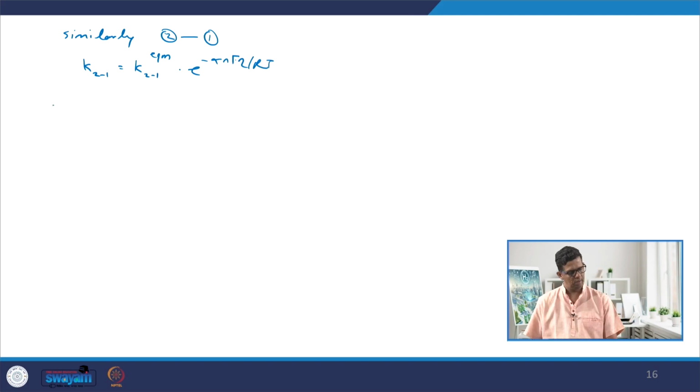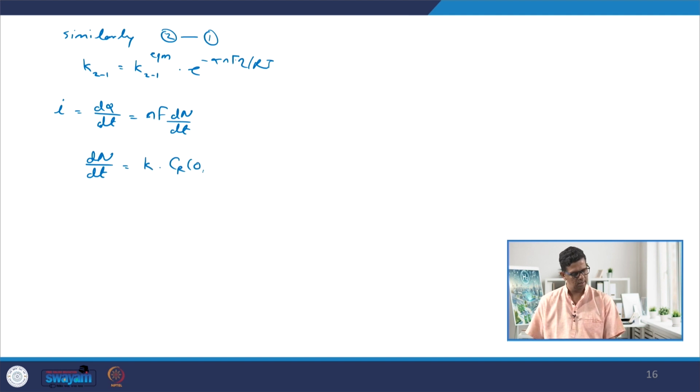We know current is basically charge per unit time, which we have already written as nF dN by dt. So what is this dN by dt? It is basically k times Cr(0,t).